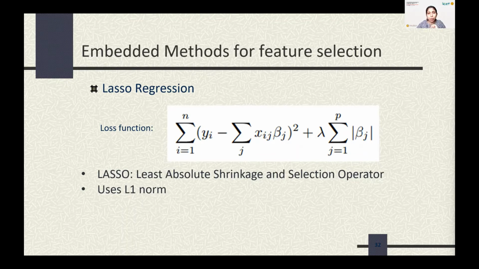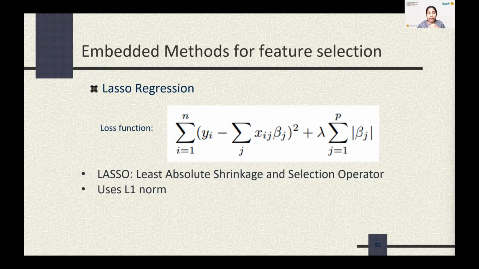And if I spend a little bit of time on this equation here, in addition to beta, which corresponds to the coefficients of the features, we also have a hyperparameter called lambda. Lambda controls how much we shrink the coefficient of each feature.